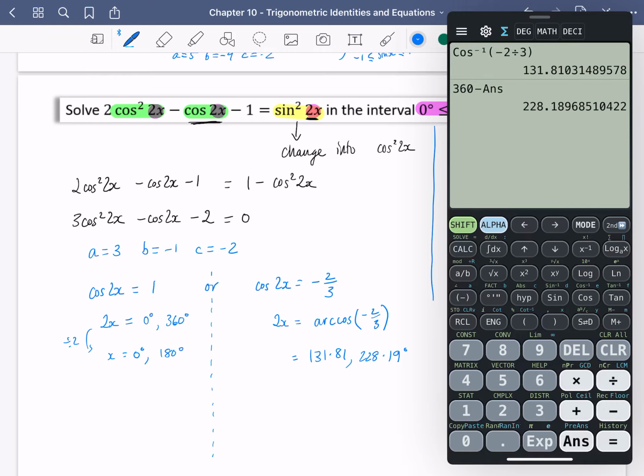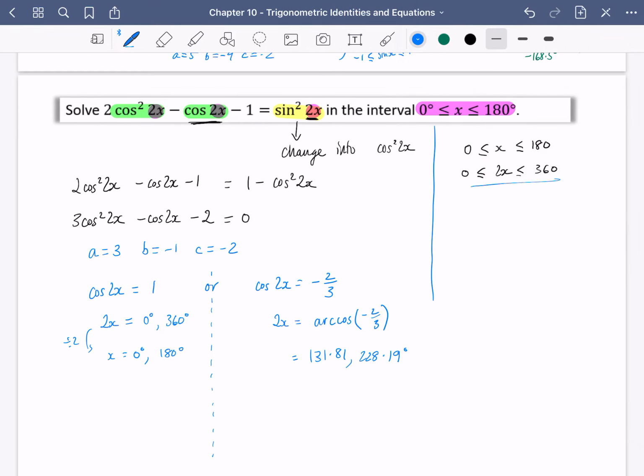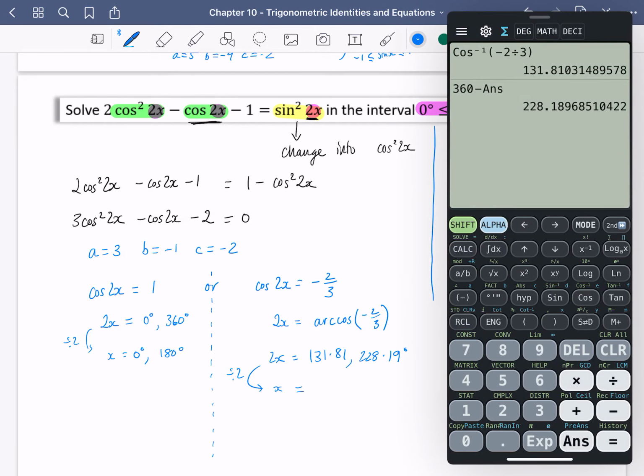Now, there's not going to be any other solutions inside this range between 0 and 360, because if I added or subtracted 360 to either of these, it would go outside that range. So I will finish off by going from this line to this line by simply dividing by 2. So I'm going to do my 131.81 divided by 2, which gives me 65.9 degrees, to 1 decimal place.